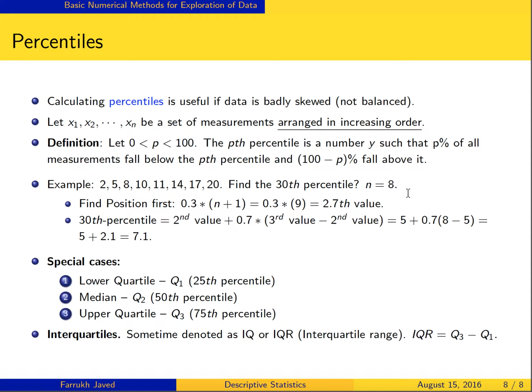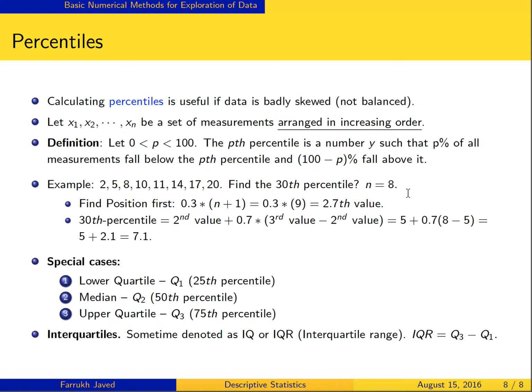So we multiply 0.7 by the difference between the third and second value, because 2.7 lies between them. Now plug in the values: the second value was 5, 0.7 is the constant, the third value was 8, and again the second value was 5. So the answer is 7.1. So the 30th percentile of that data is 7.1.